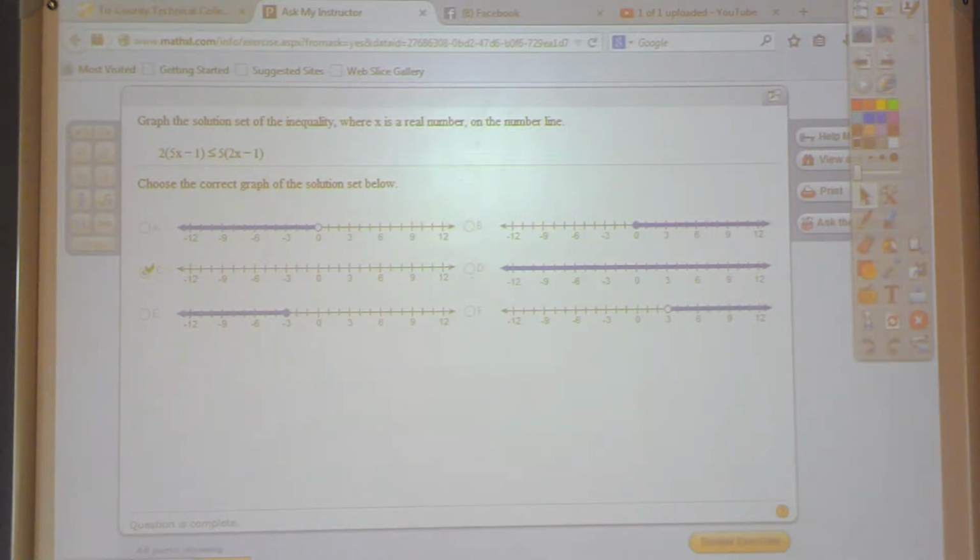It says 2 times parentheses 5x minus 1, close parentheses, is less than or equal to 5 times parentheses 2x minus 1.